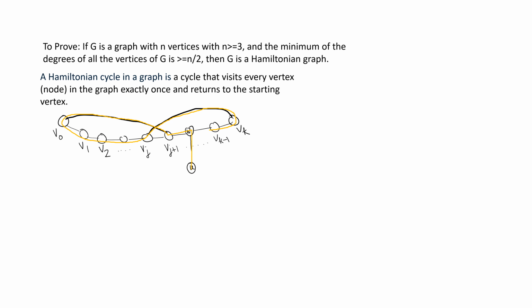The length of this path will be more than the length of our original path p, but that contradicts our assumption. We assumed that p was the longest path, hence there cannot exist a u outside this path. Hence we know that all the nodes of graph G are on this path, and there exists a cycle, which means there is a Hamiltonian cycle and the graph is Hamiltonian.